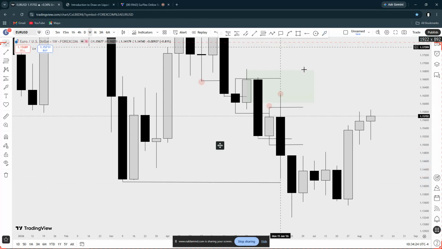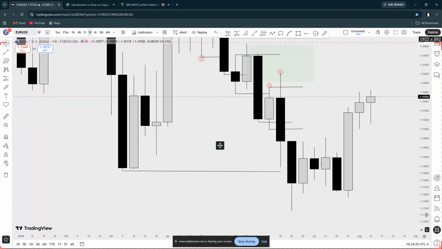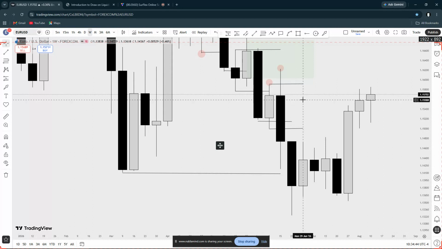Now, for the next week coming, what are we anticipating? We are anticipating lower prices because price is breaking below the previous week low. So this is how to find draw on liquidity for a particular week using the CRT method and also candle range theory.